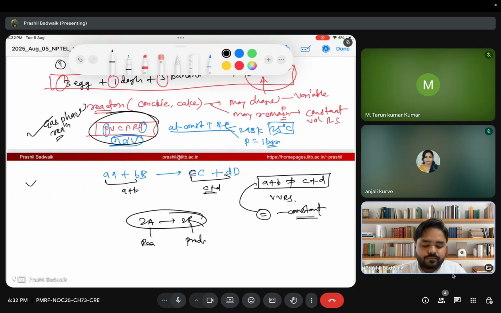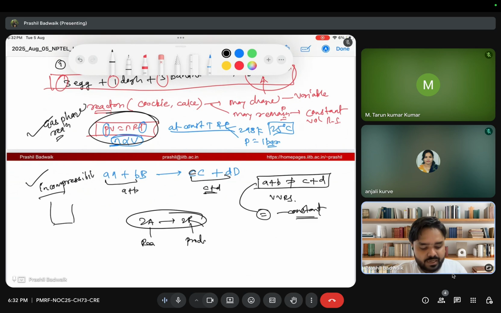For liquid, what will happen? Liquids are incompressible. Take water in a glass and try to push it. Take water in a bucket and try to push it. What will happen? Will it compress or will it come from the spaces which are present?